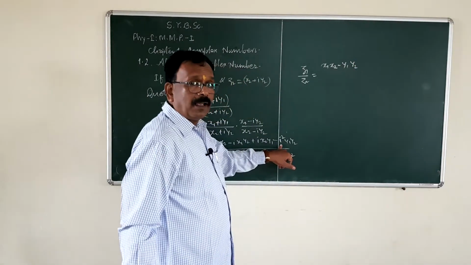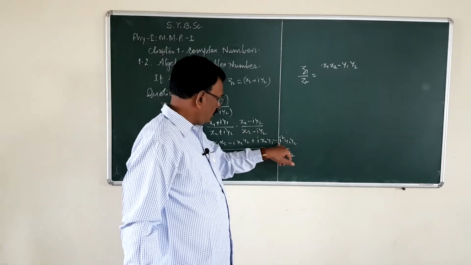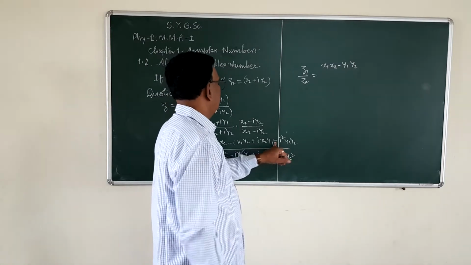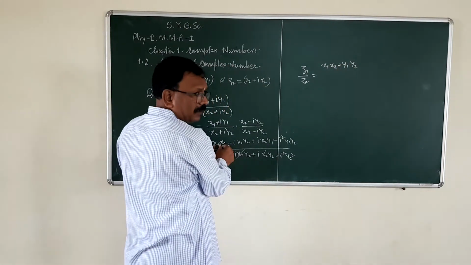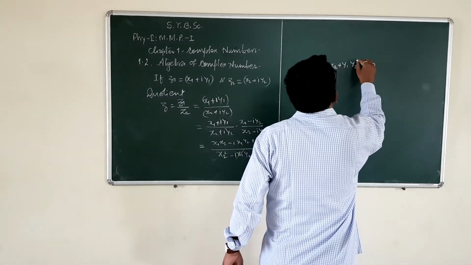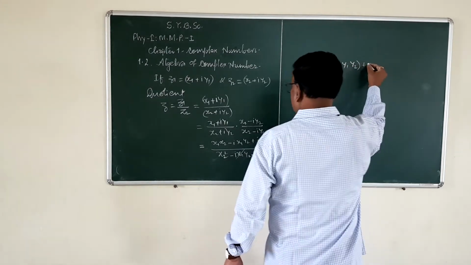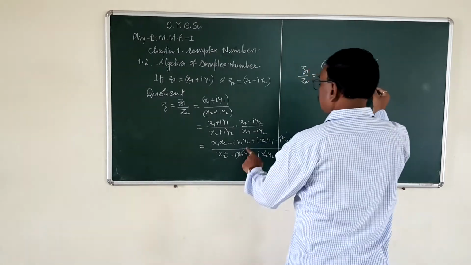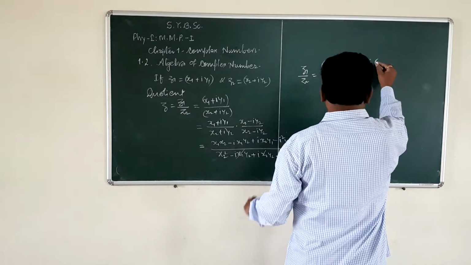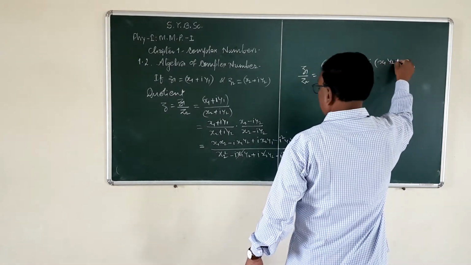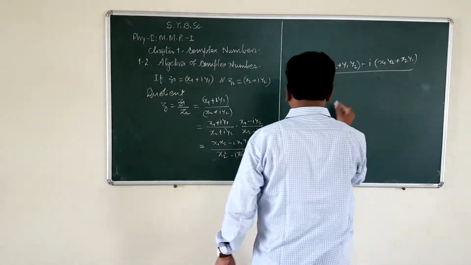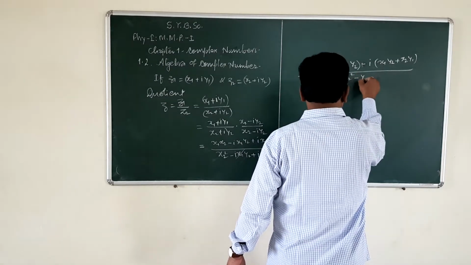Here remember that the value of i square is equal to minus 1, so it becomes plus, and we simply collect the real part, so x1 x2 plus y1 y2, plus i in bracket, i is common, and hence minus i in bracket x1 y2 plus x2 y1, and divided by x2 square minus y2 square.